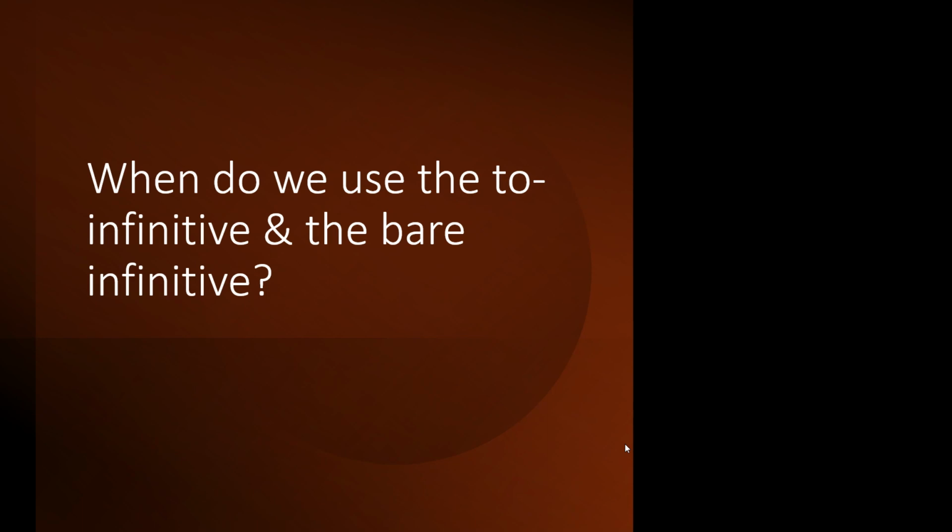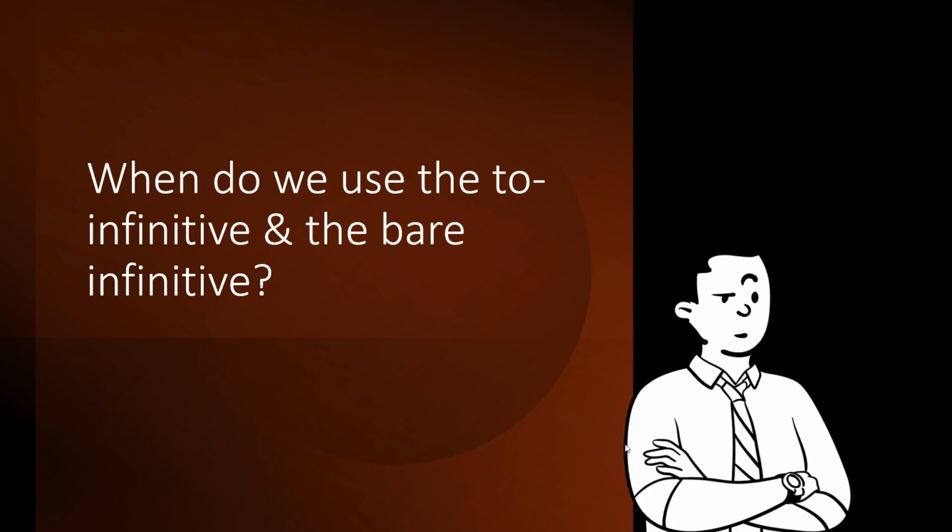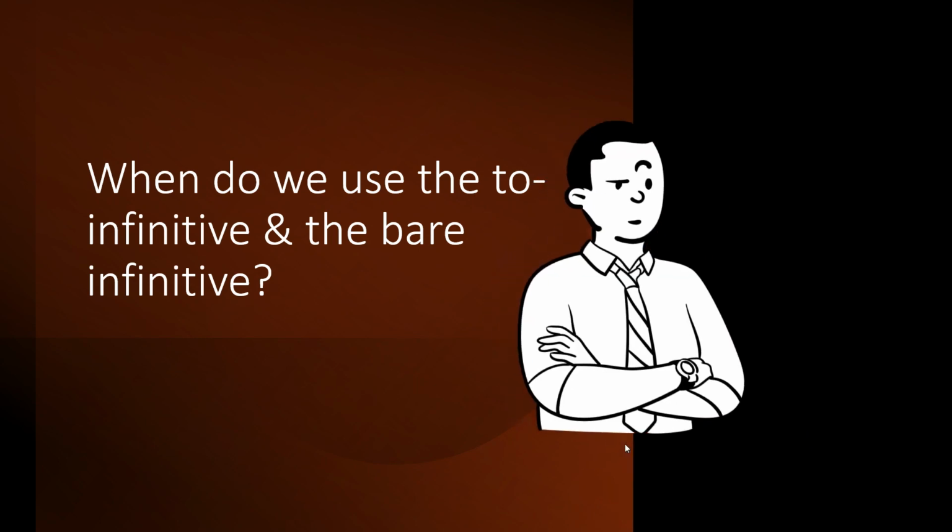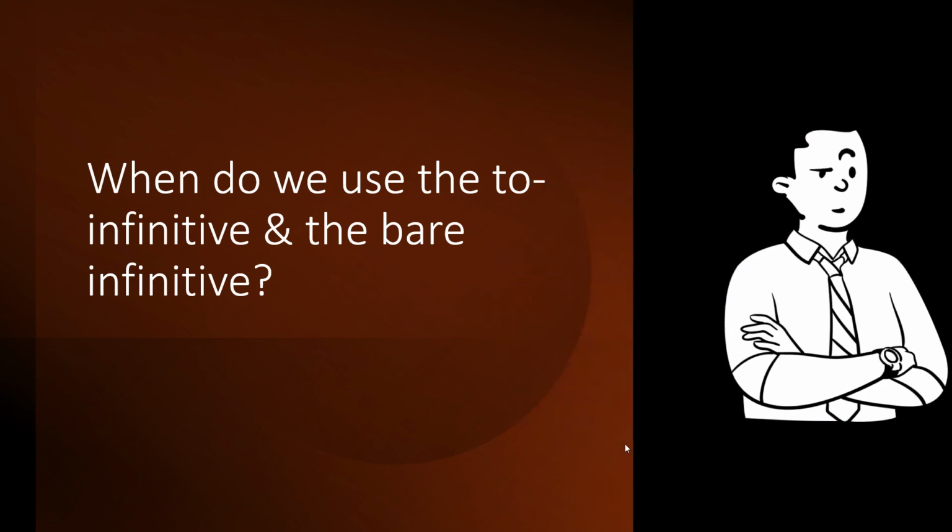Now let's move on to the core of this lesson. Let's answer the question, when do we use the to infinitive and when do we use the bare infinitive? This is the most important part of this video.